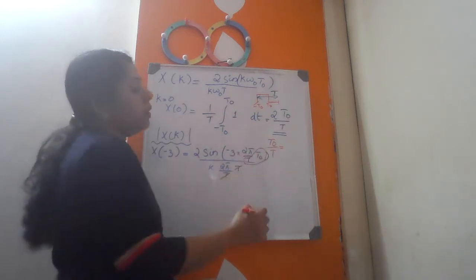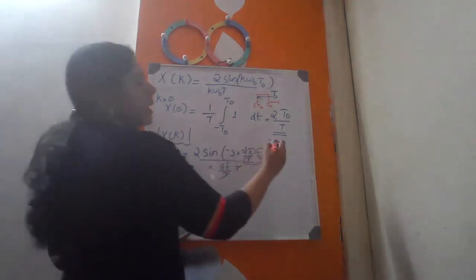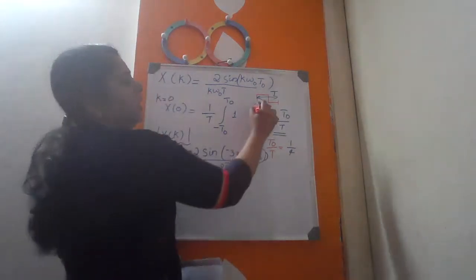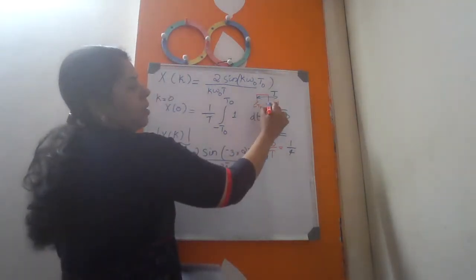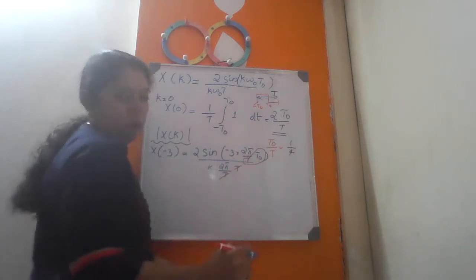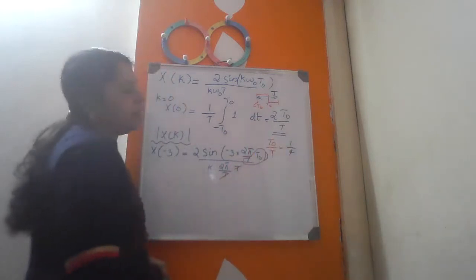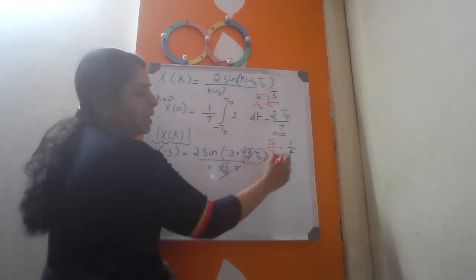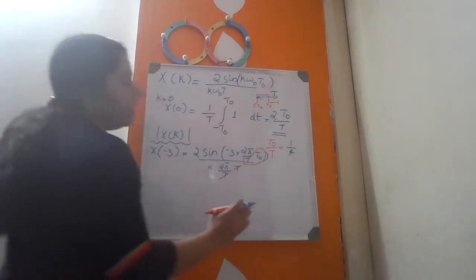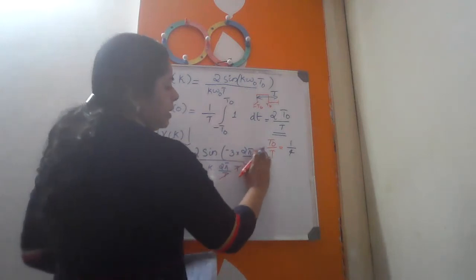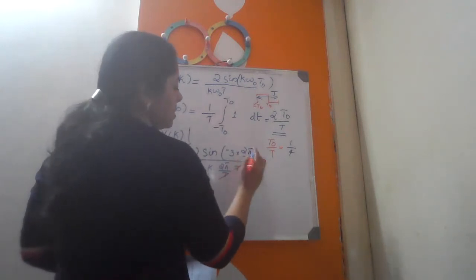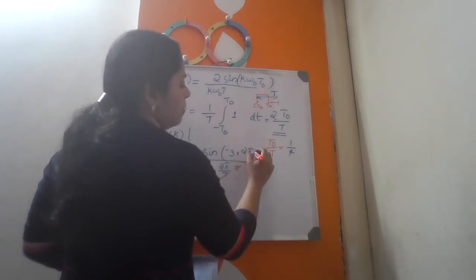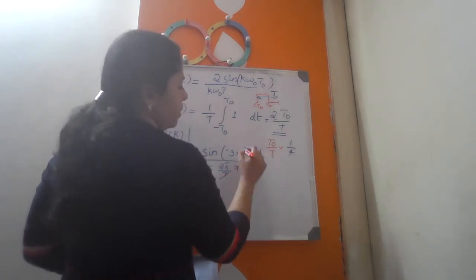Can I write this duty cycle of the signal as 1/4? Only in this time period is my signal on, and in the remaining periods it is off. So I can write T naught by T as 1/4. If I substitute that here, I'll get 2 pi multiplied by 1/4.